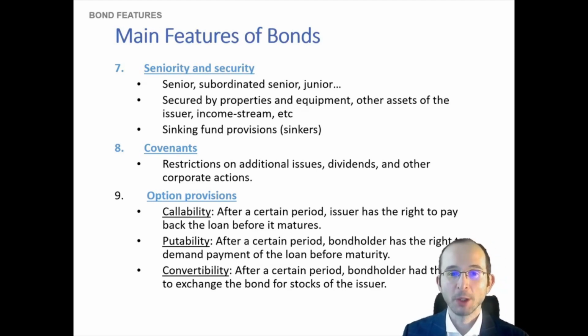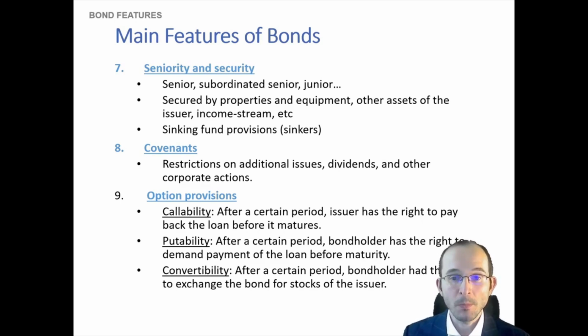Now, if callability gives the borrower the right to pay off the loan early, why would the lender potentially want the right to make the borrower pay the loan off early? Well, most often it's because they're worried that the loan won't get paid back at all.